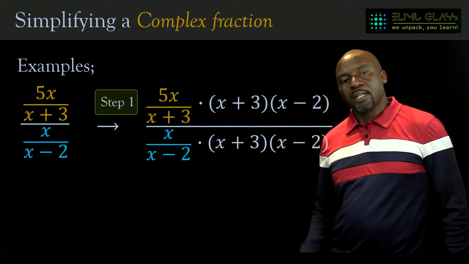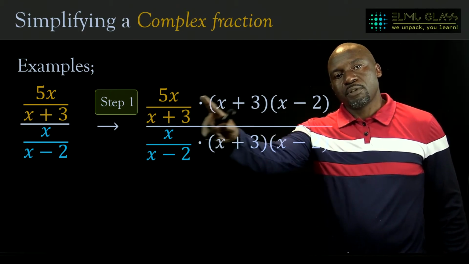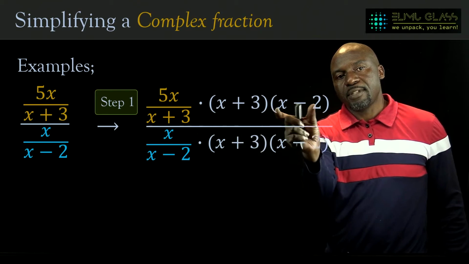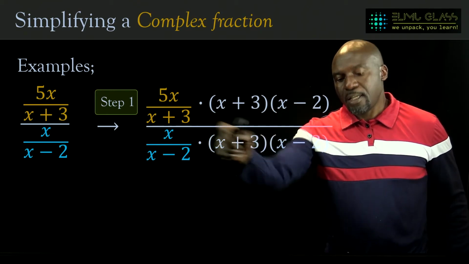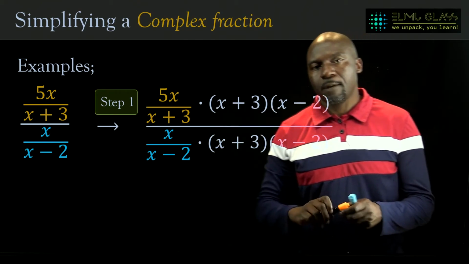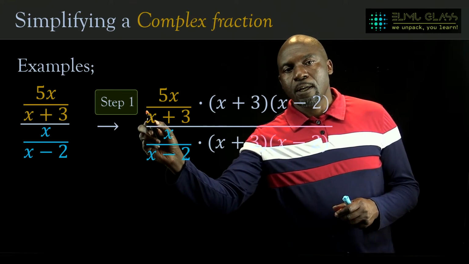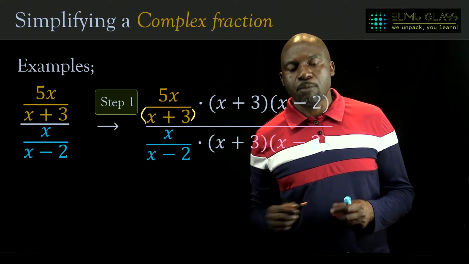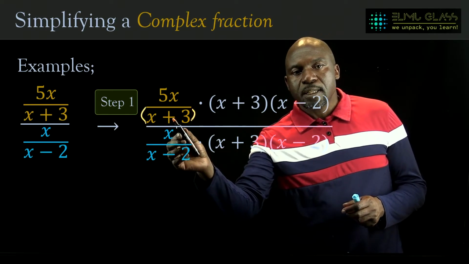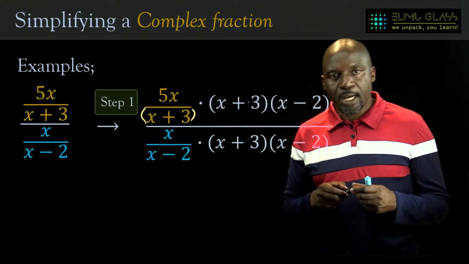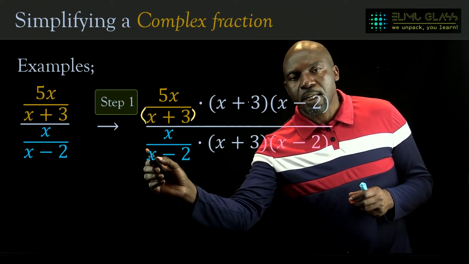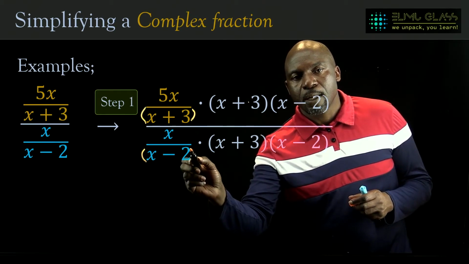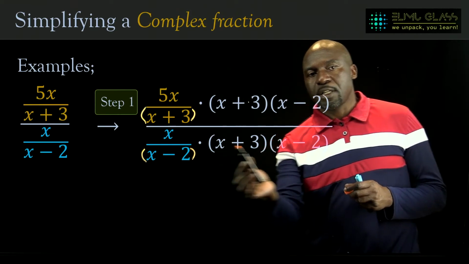Once we've done that, you notice that this is at the top, so it's 5x times that, and you can see this fraction here is at the bottom. So you can see this can cancel with that. All right, and similarly, we can see here x minus 2 is here, but it's also there.